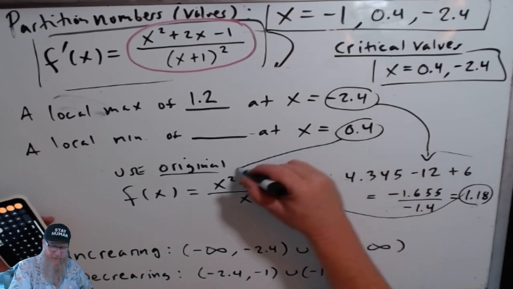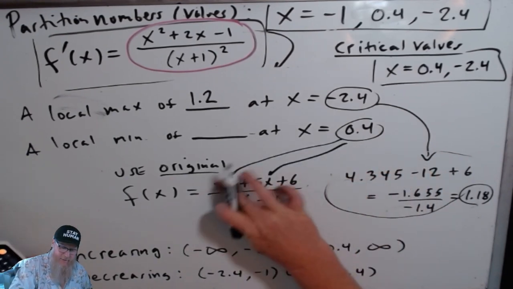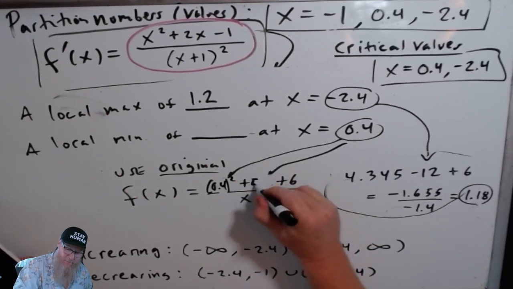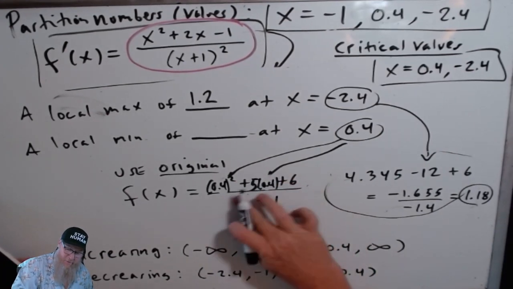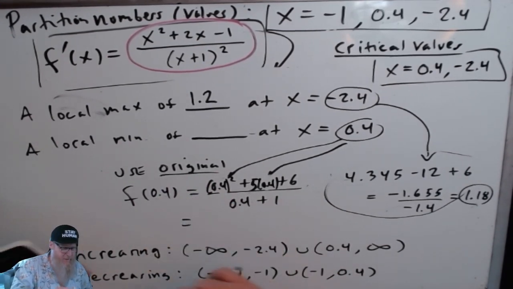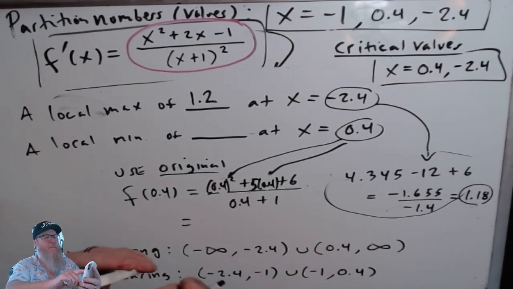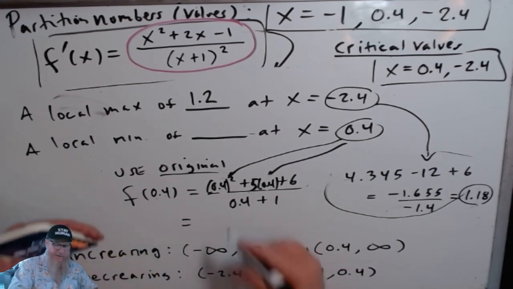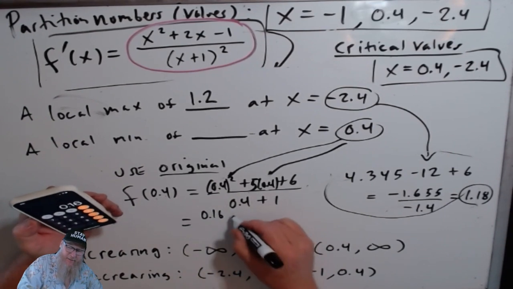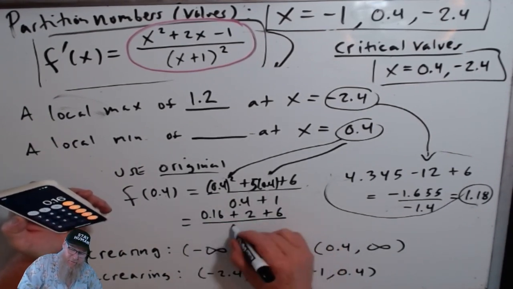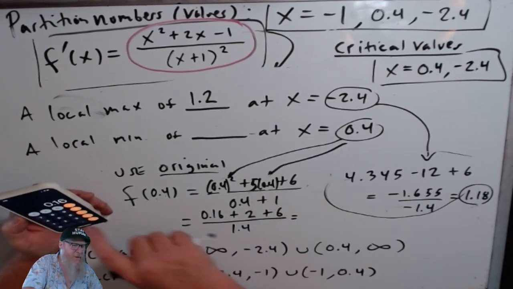Let's do this one now. So 0.4 squared is 0.16 plus 2 plus 6 over 1.4.